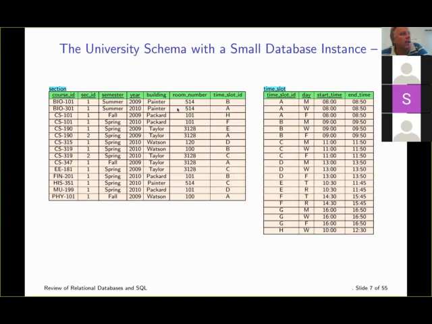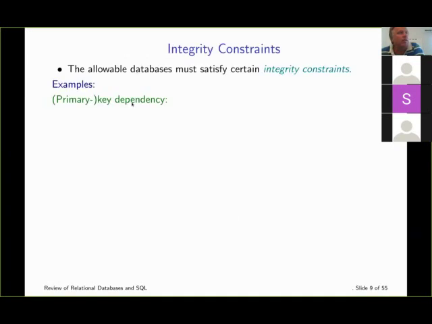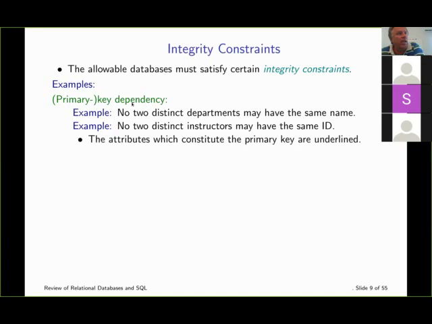But what an integrity constraint does is it rules certain ones out. With this primary key constraint, we're already ruling out department name computer science being in a building and then computer science being in a different building. That's being ruled out. The primary key is basically saying you can't have that as a possible state of the database. So that's what an integrity constraint does. It shaves down the possible set of states of the database.